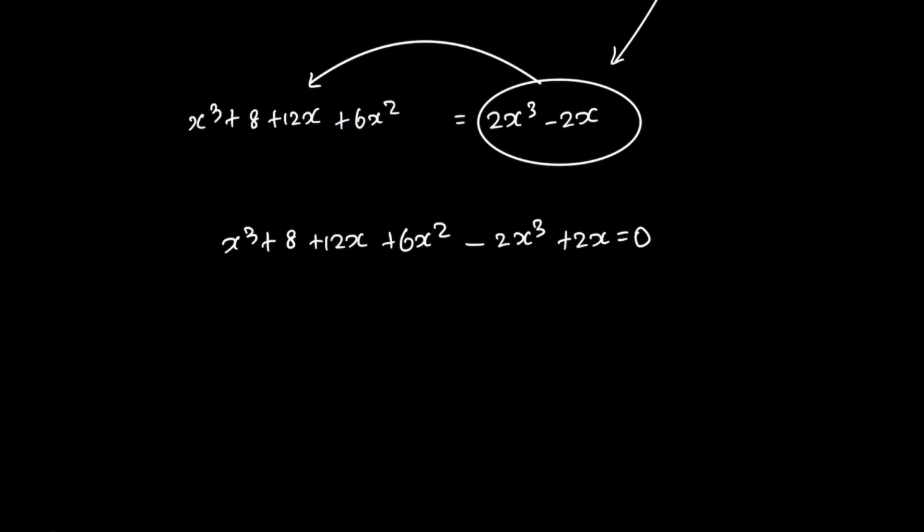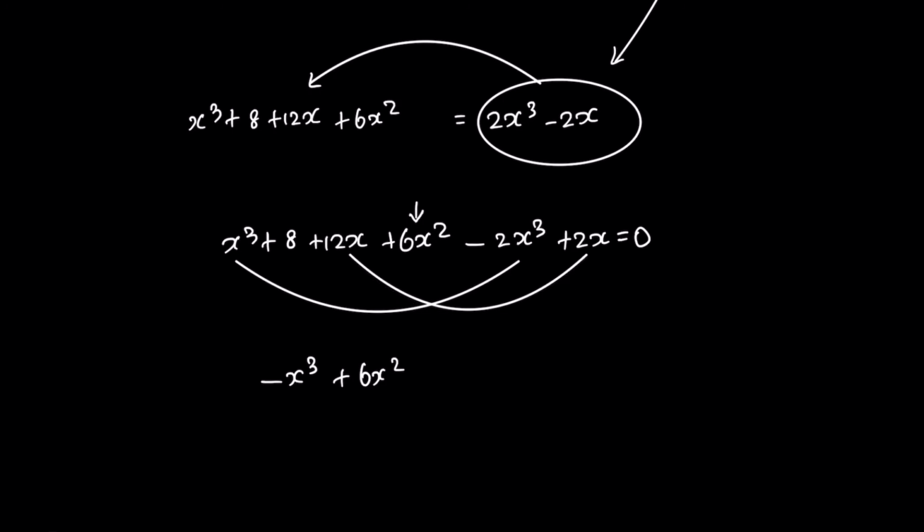Now combine the like terms. Minus 2 plus 1 is equal to minus 1, so minus x cube. Then there is only one x square, so plus 6x square, and 12 plus 2 is equal to 14, so 14x plus 8.